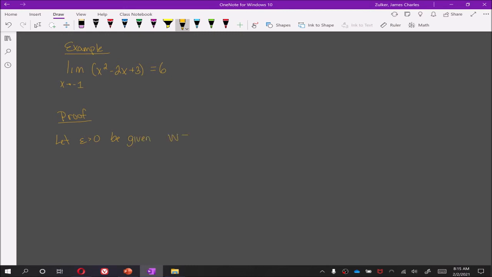We want to show that there exists a delta larger than 0 such that the absolute value of x plus 1 being less than delta implies that the absolute value of x squared minus 2x plus 3 minus 6 is less than epsilon.